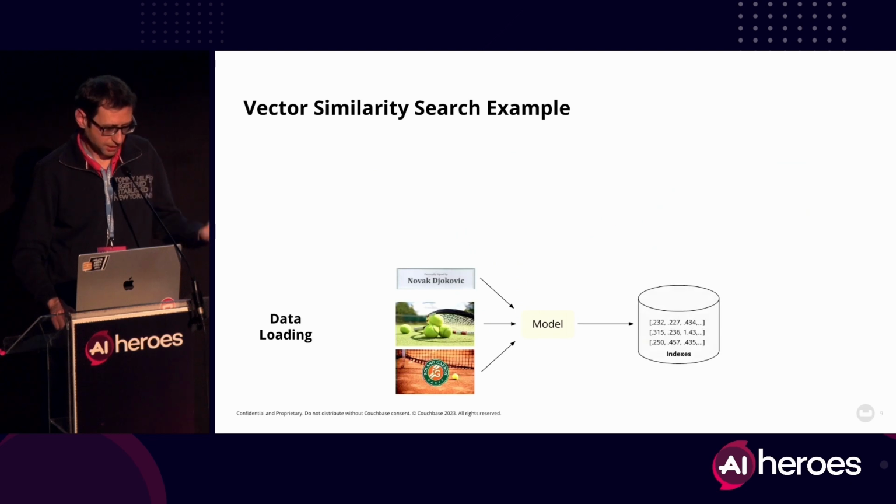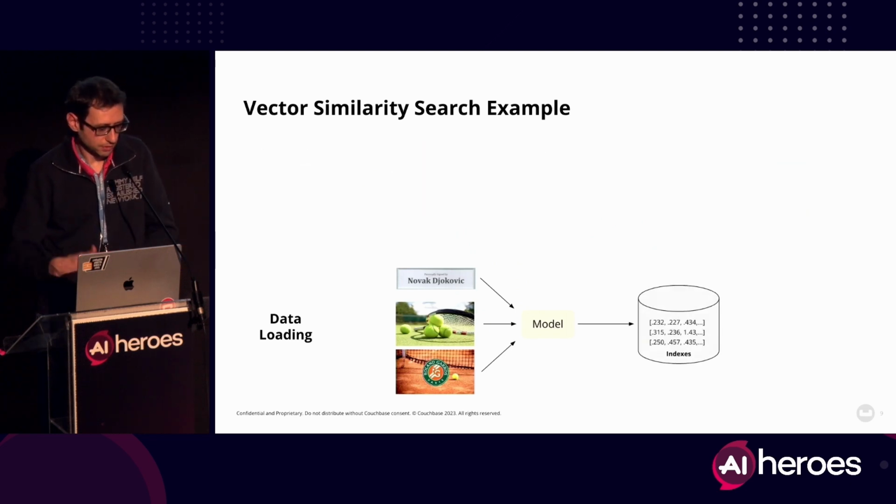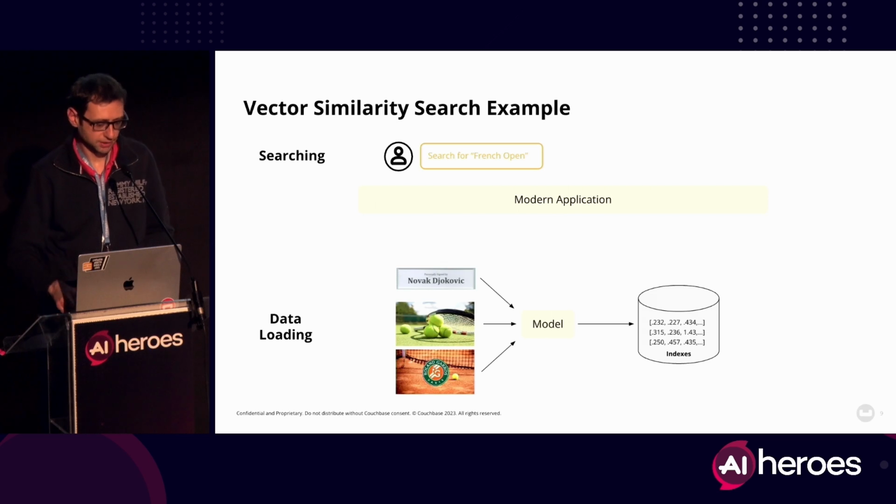Just to give you an example related to data: you have your images and your text, you use an embedding model, and then you load the vectors inside the database, which is very efficient also in indexing them. With efficient indexes, you can do queries.